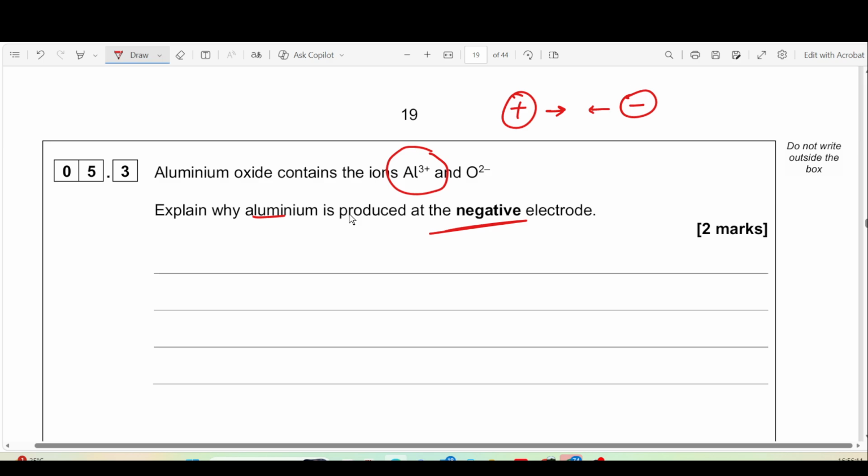Because it is 2 marks, you have to explain why aluminum is produced.